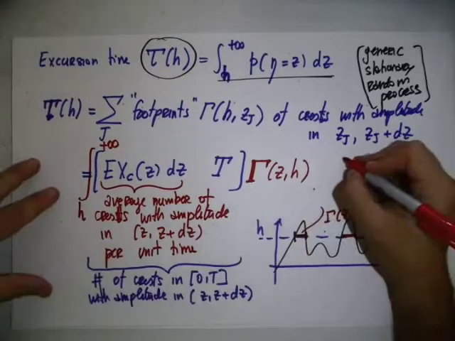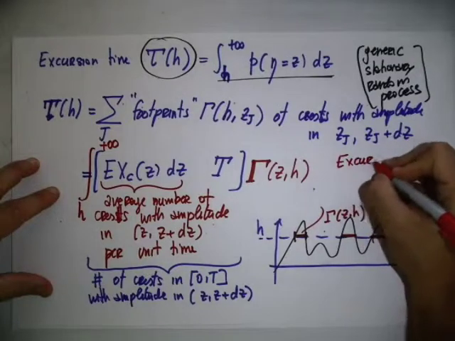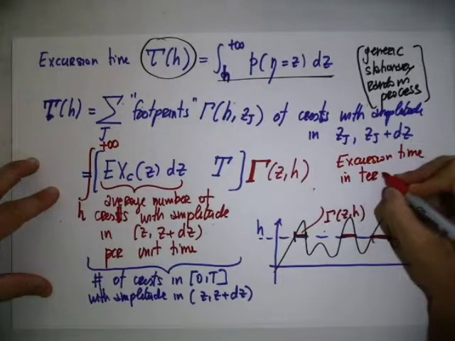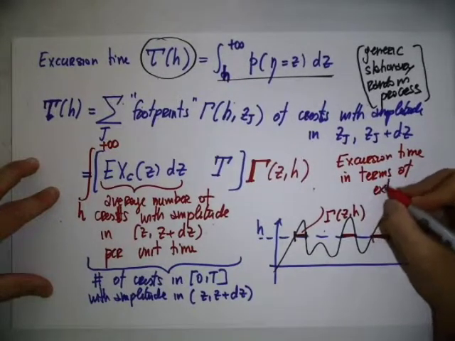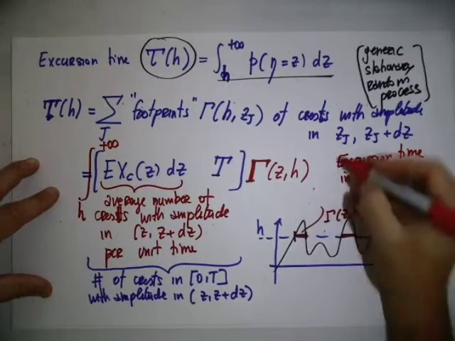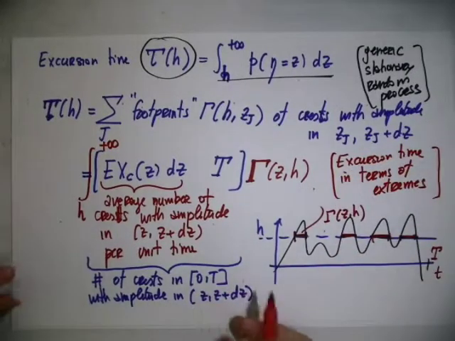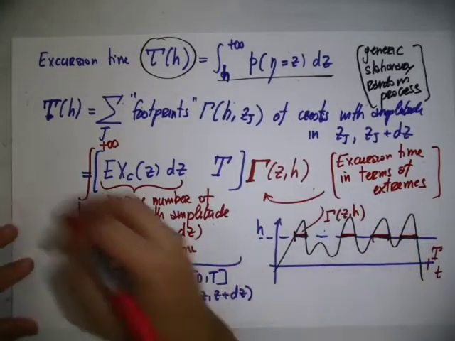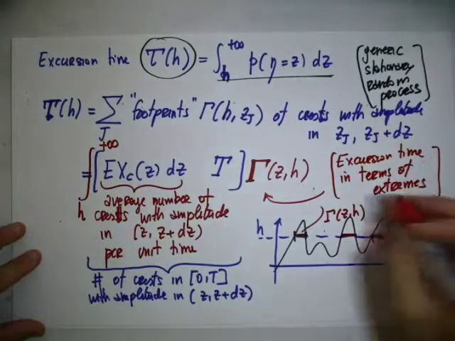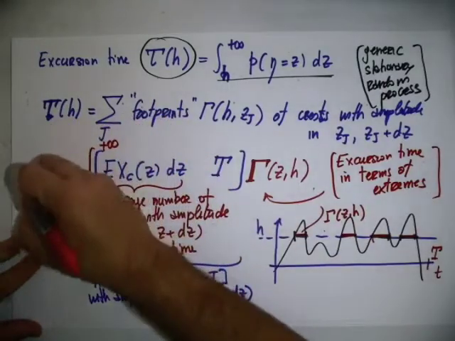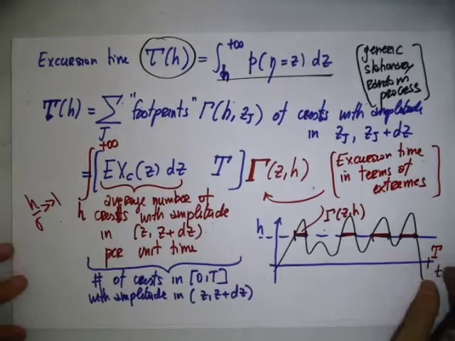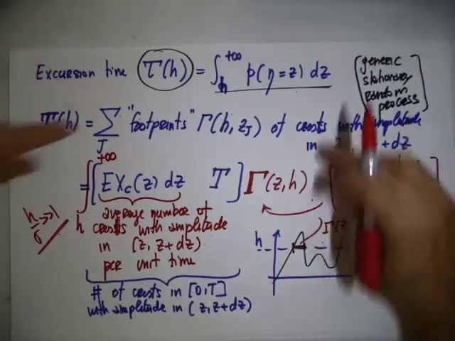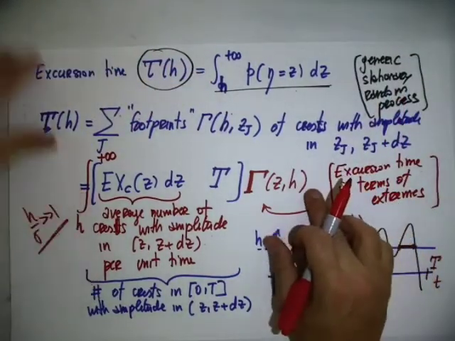This is basically the excursion times in terms of extremes. And of course, this is true only when h over sigma is very, very large. So under these conditions, we can say that this has to be equal to this.